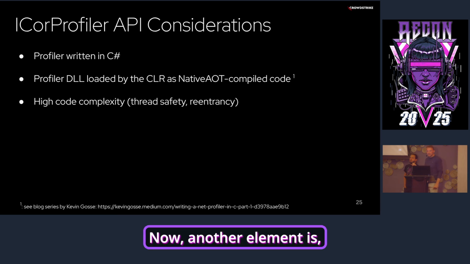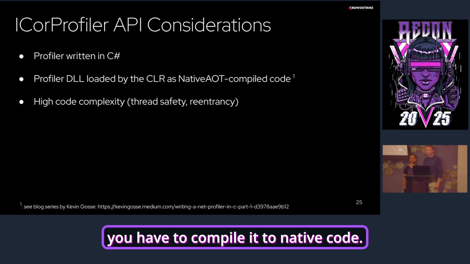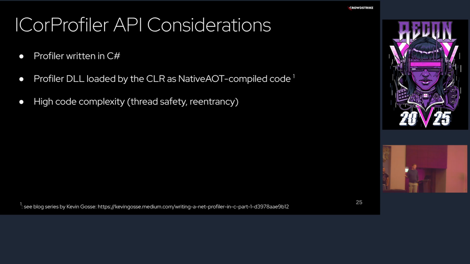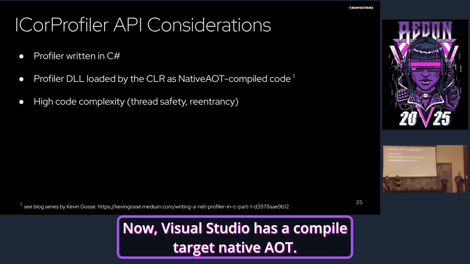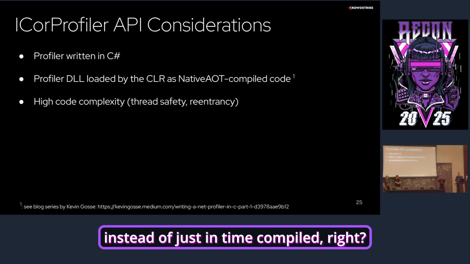Now, another element is, regardless of the language that you develop the profiler in, you have to compile it to native code. So the profiler cannot be an assembly because it runs in the CLR. It's part of that blue box where it runs as native code. Now, Visual Studio has a compile target native AOT, so it gets ahead-of-time compiled instead of just-in-time compiled, right?